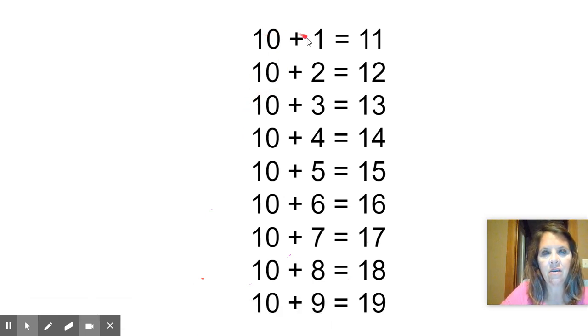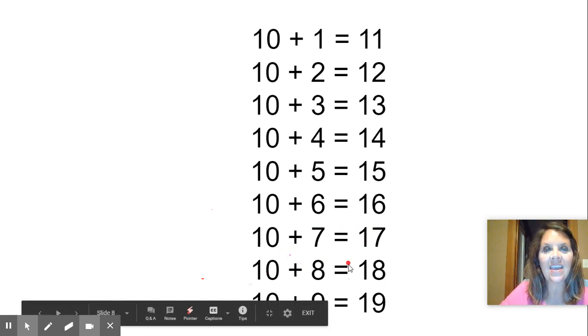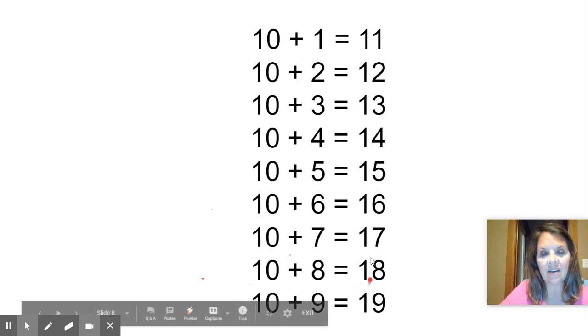Let's say here, 10 plus 1 equals 11. 10 plus 2 equals 12. Say it with me if you wish. 10 plus 3 equals 13. 10 plus 4 equals 14. 10 plus 5 equals 15. 10 plus 6 equals 16. 10 plus 7 equals 17. 10 plus 8 equals 18. 10 plus 9 equals 19.